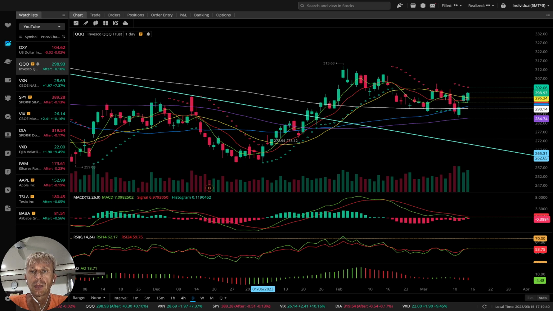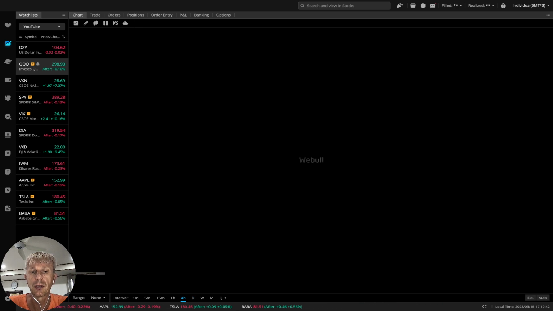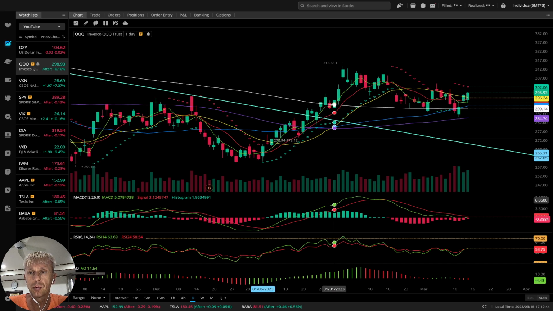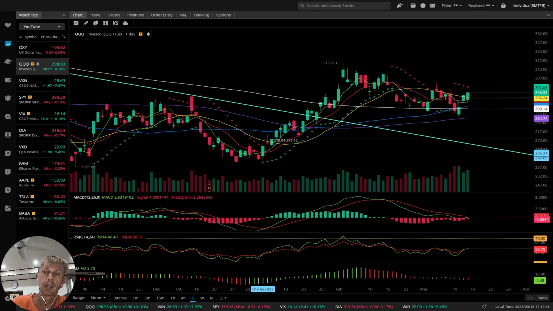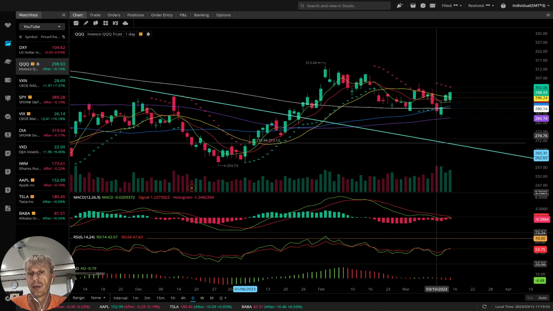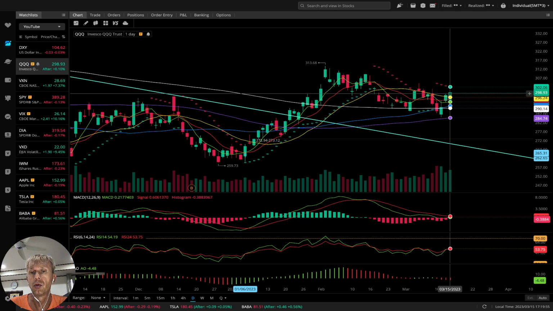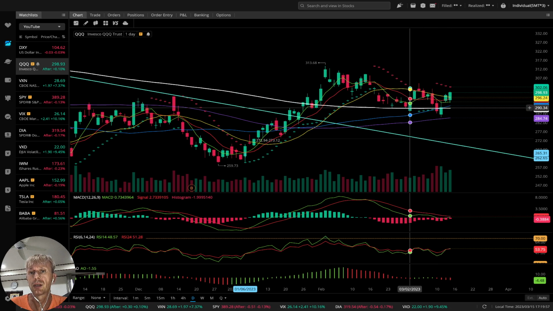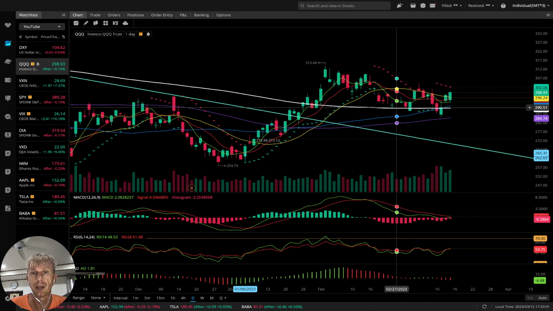But let's move back to daily. This major trend line, green line, started 14 months ago from the top of the market. In this case, Qs didn't test the major trend line, it tested the white line, MA 200.